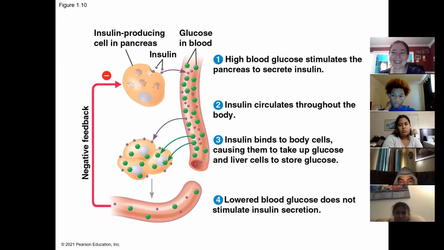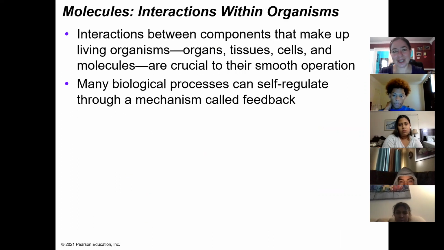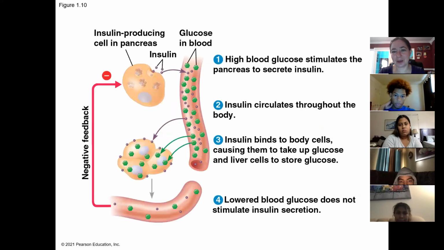Okay. So this is something called feedback system, feedback regulation, which is usually present in living organisms. And feedback regulation is basically to keep balance. It's related to something called homeostasis. Homeostasis means internal balance.